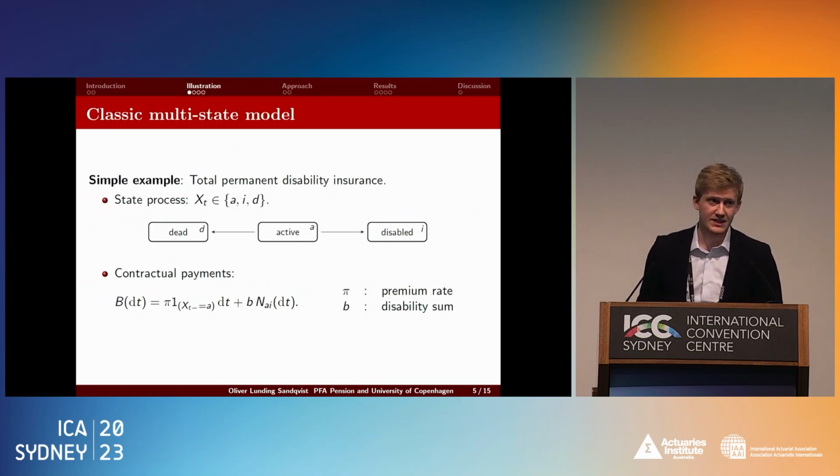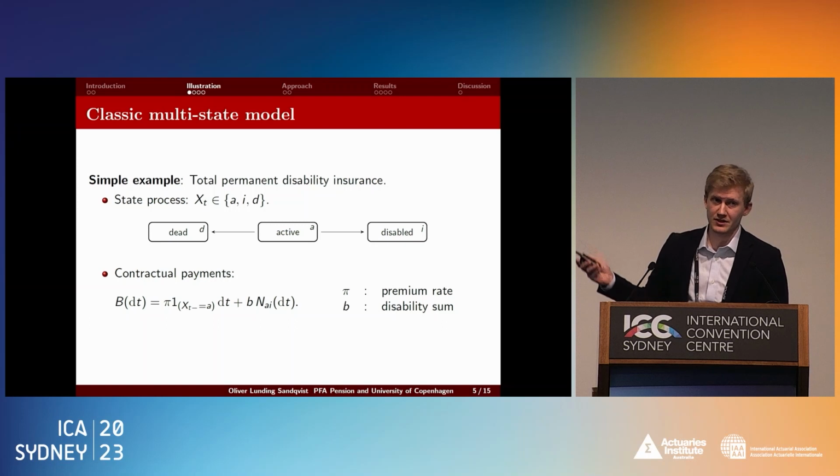Okay, so throughout the presentation, I will use this simple example of a total permanent disability insurance. So this is an insurance that pays a disability sum when you become disabled. So you might model this with the following multi-state model. So you have this state process X here, which takes values in the active state, disabled state, and dead state.